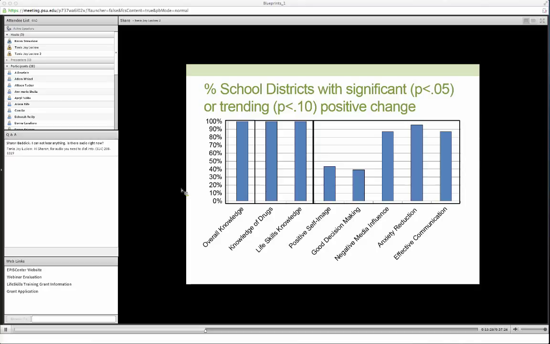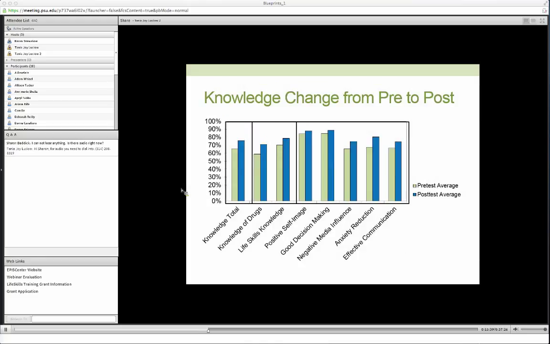Only positive self-image and good decision-making had less than half of the school districts showing significant or trending positive change. But I just want to go back for one second and show you, as you can see on this screen, kids at pre-test actually were doing pretty well in those particular areas. They were already showing overall averages of 84% and 85% correct on the pre-test scores.